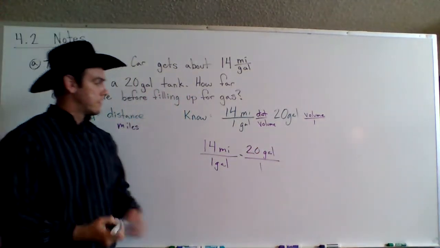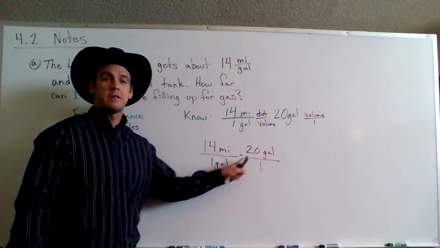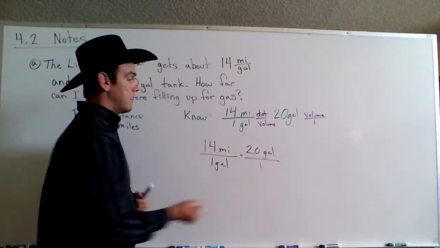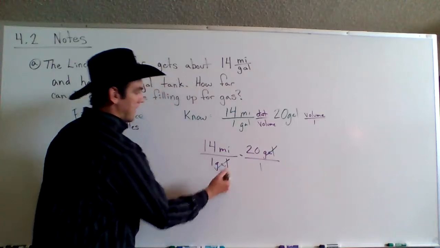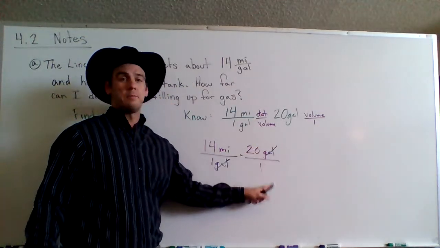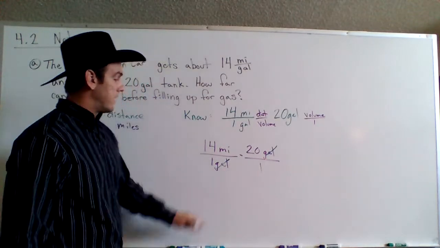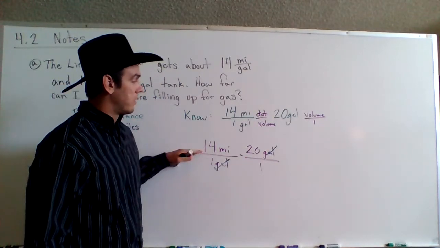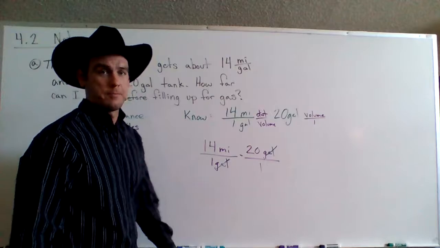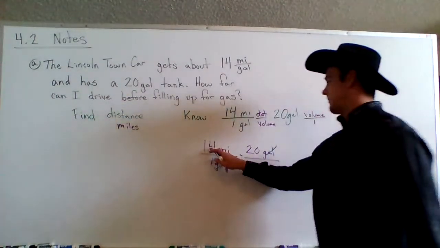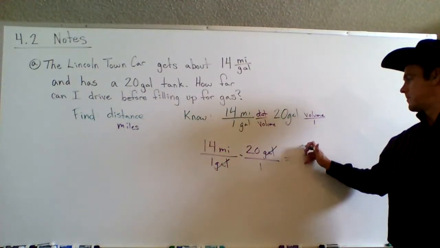What happens, keep your units in your fractions because it's going to cancel just like a normal fraction, right? You can reduce up and down and diagonally. Now my gallons cancel, I can just multiply this fraction straight across. I'm just going to get 14 times 20.